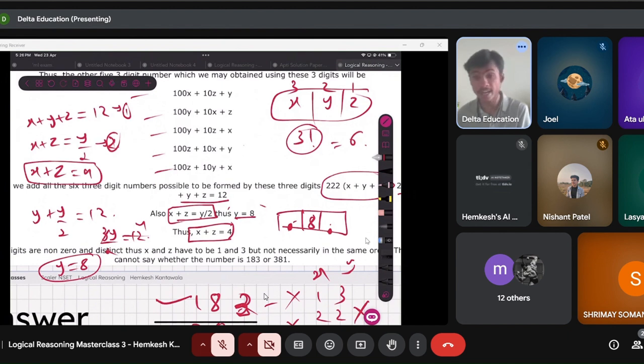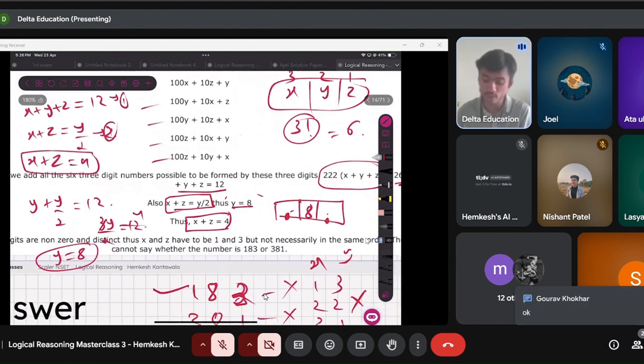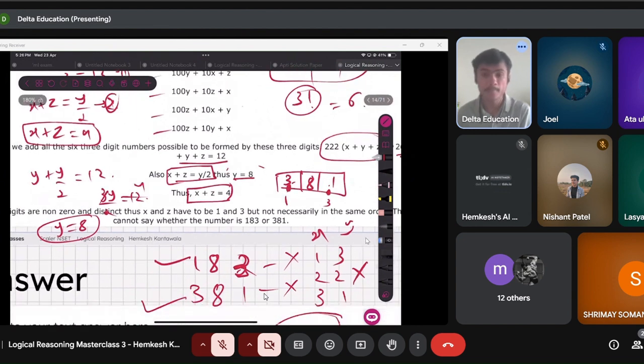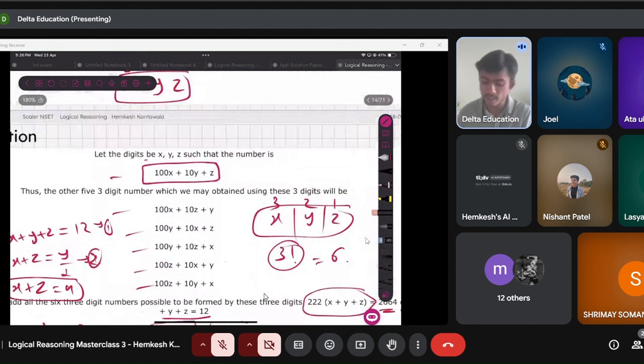Now if we add these two, what could be the possibilities? 0 is not a possible number, so the possibilities could be 3 1, 1 3, or 2 2. Now 2 2 is not possible, because all the digits should be distinct. So the number could be either 381 or 183, any of these two.